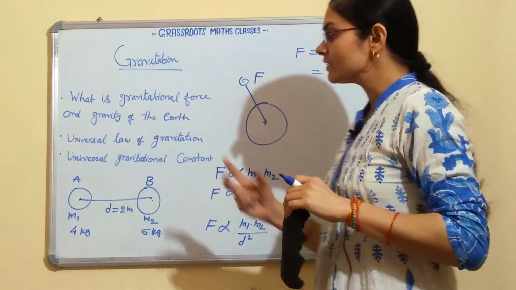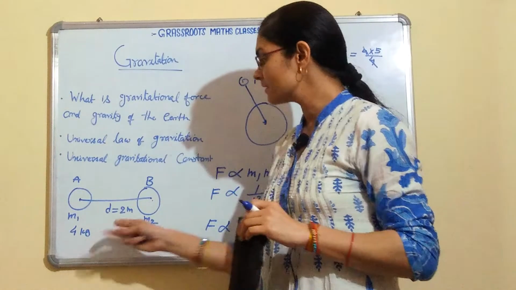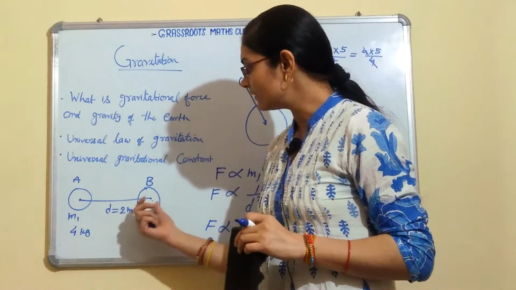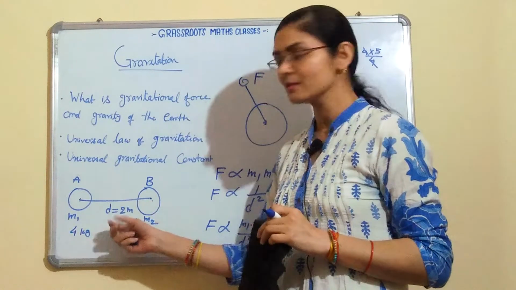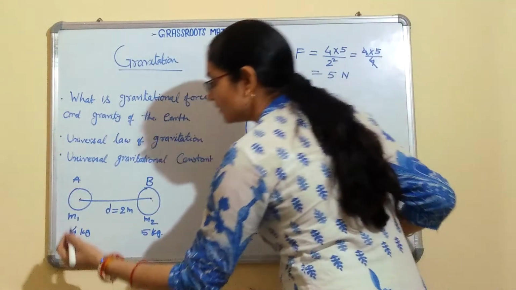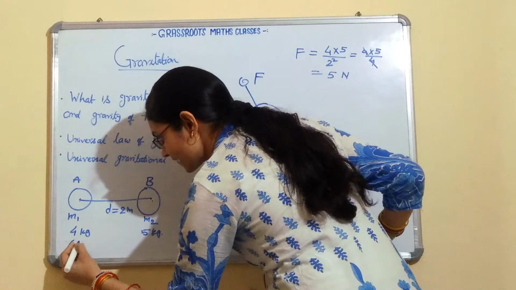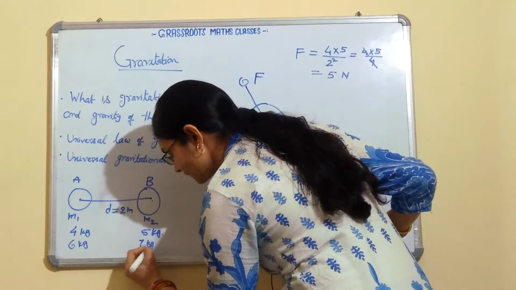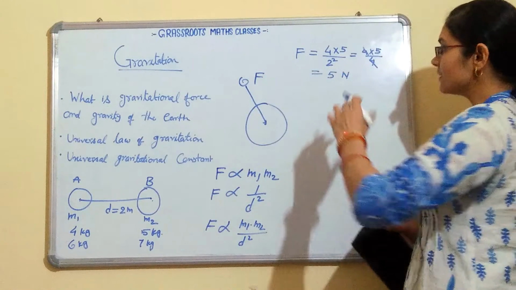Now here we consider two cases. In the first case, we increase the values of the masses of the objects and the distance remains same. So suppose the mass of the object A is 6 kg and the mass of the other object is 7 kg and the distance is 2 meters.